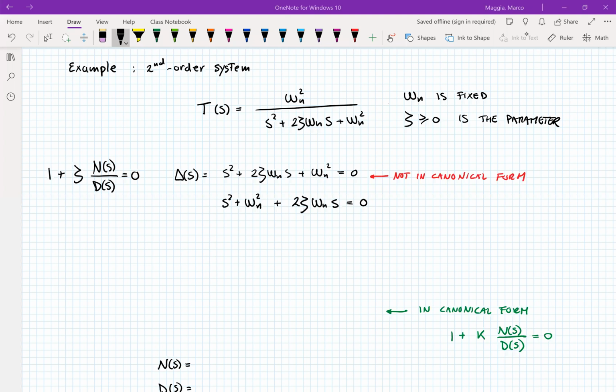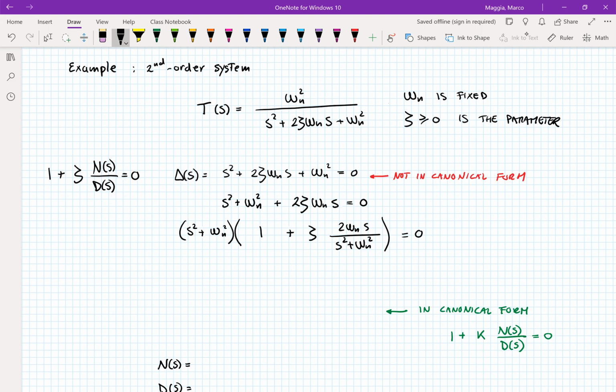Then we're gonna gather s squared plus omega n squared, because we're going to obtain 1, that's what we want, plus zeta times 2 omega n s over s squared plus omega n squared equal 0. Sorry, I should also include this parenthesis.